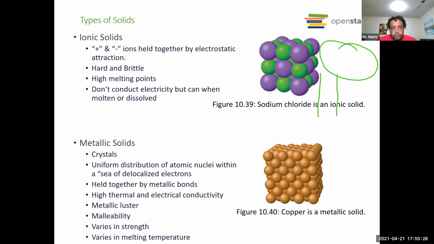Metallic solids. Metallic solids are crystalline solids as well. They're a uniform distribution of atomic nuclei in a sea of delocalized electrons. If you remember when we talked about a metallic bond, we have sodium. We know that sodium has one valence electron, right? So what sodium will do when it's by itself is pretend that it's positive and get rid of that electron.